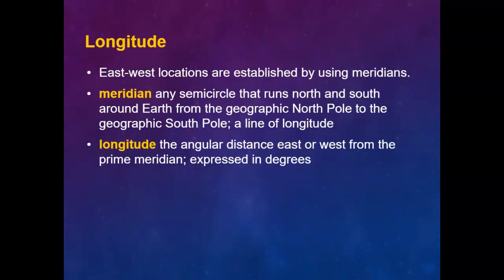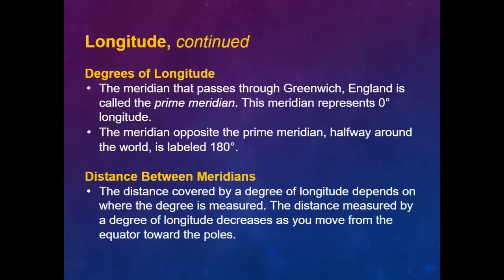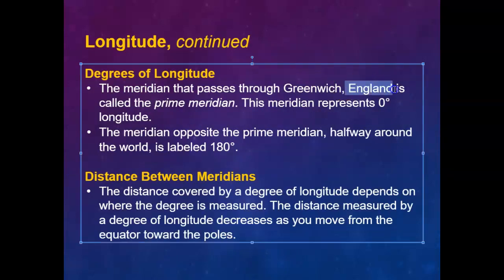Okay. So now, on your notes it says the number of degrees from one side of the Earth to the opposite side is 180. And it also says the zero line is located in England. It's called the prime meridian. This is the zero line.